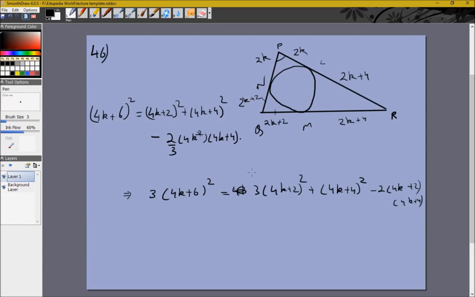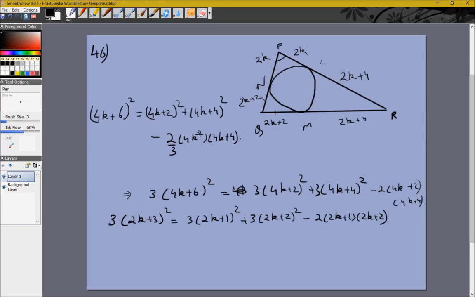So the first thing we can do for the sake of simplification is cancel out all the 4s, that is 2 squares. So we get 3 times (2k plus 3) whole squared is equal to 3 times (2k plus 1) whole squared plus, this is also 3, 3 times (2k plus 2) whole squared minus 2 times (2k plus 1)(2k plus 2).